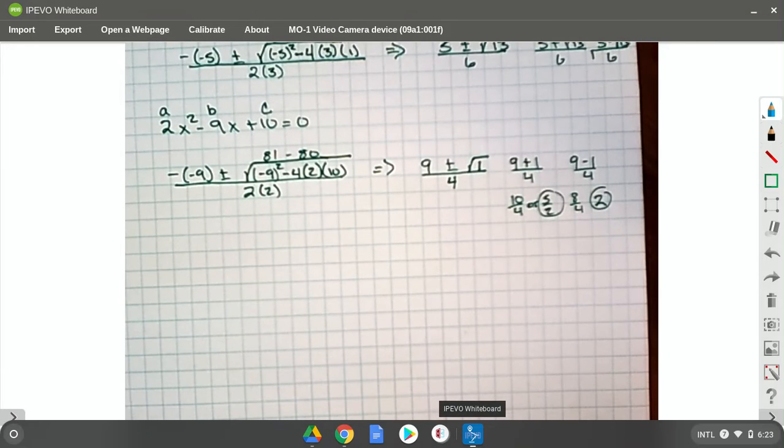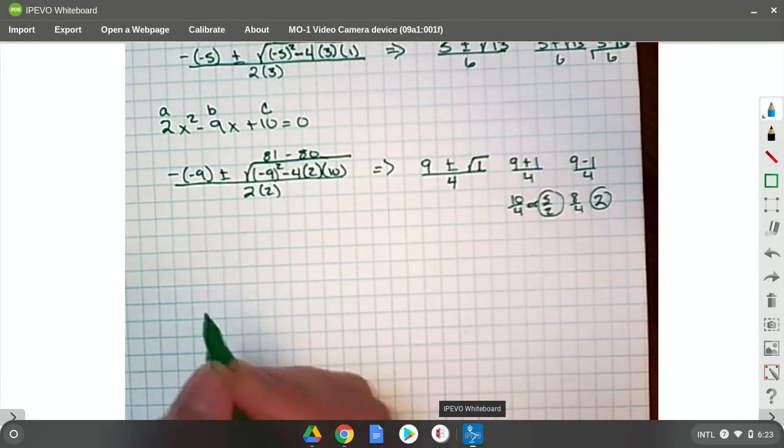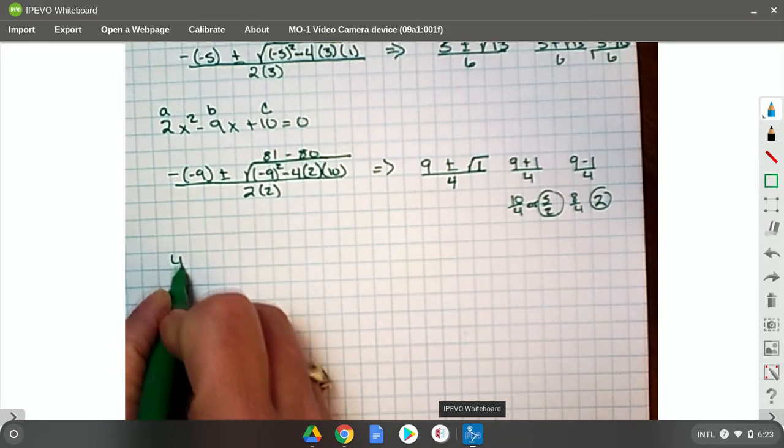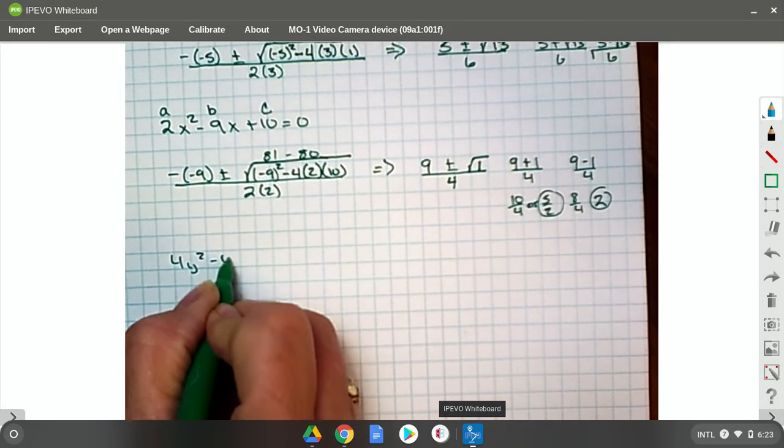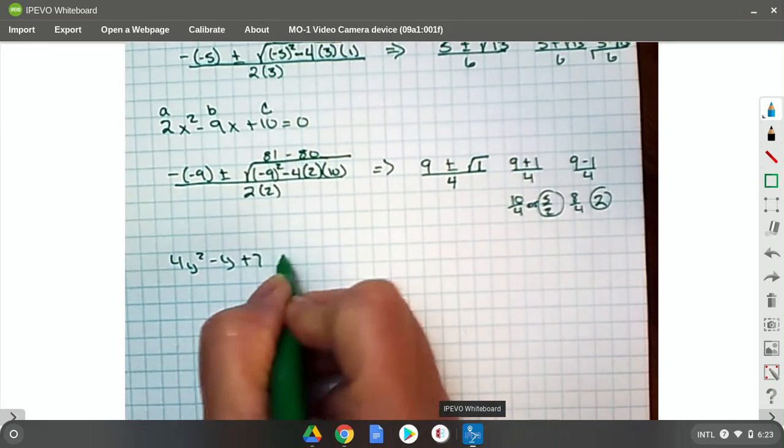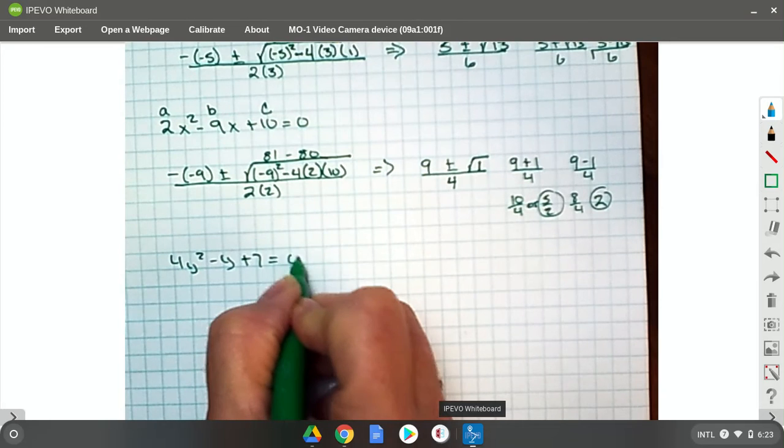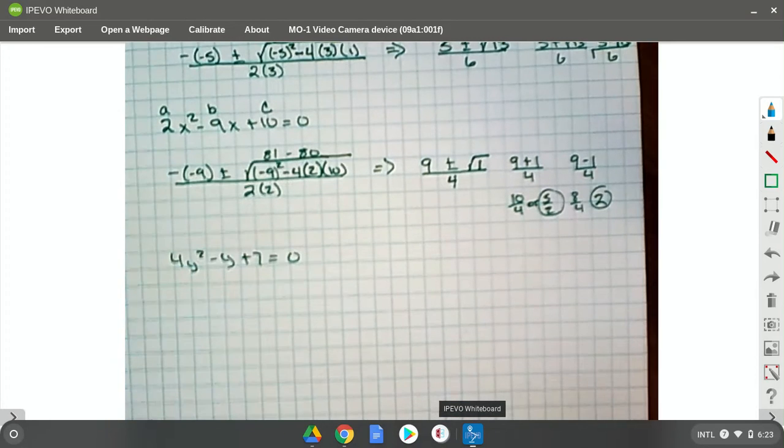Let's try one more. 4y squared minus y plus 7 equals 0.